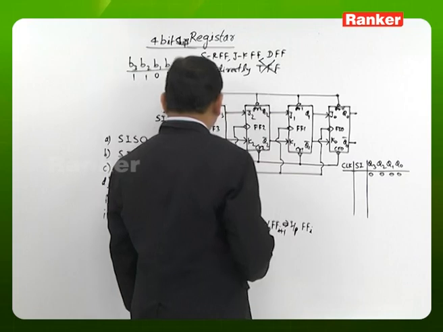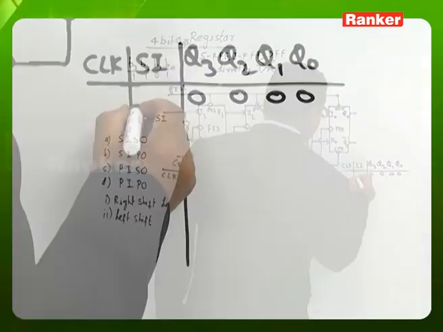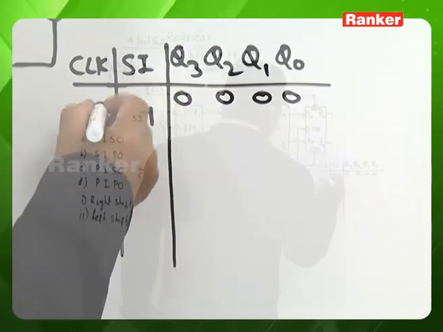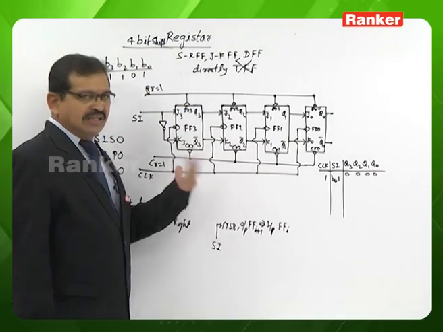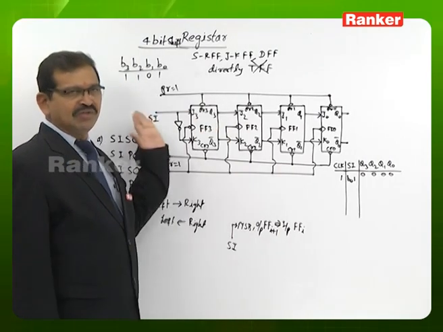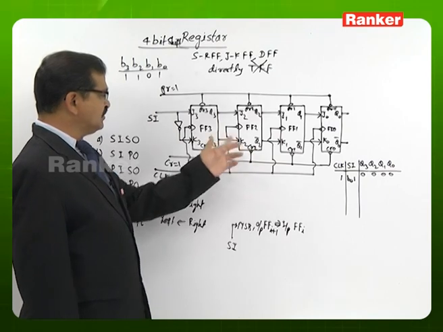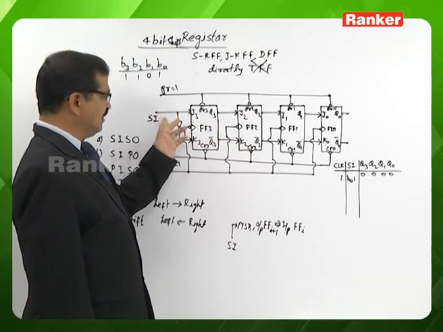Initially, we want to keep the bit B0 at the serial input terminal. As per the sample, B0 is 1. Now, as I already mentioned, before applying the clock signal, the D input we have is transferred to the output. At this instant, flip-flop 3 input is B0, that is 1.